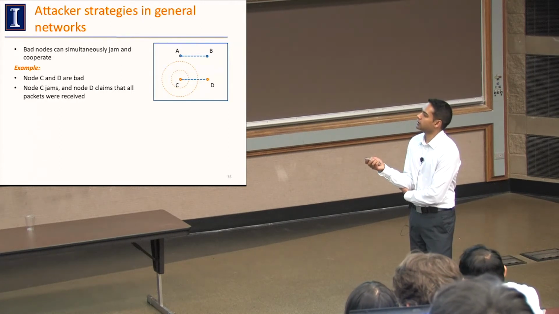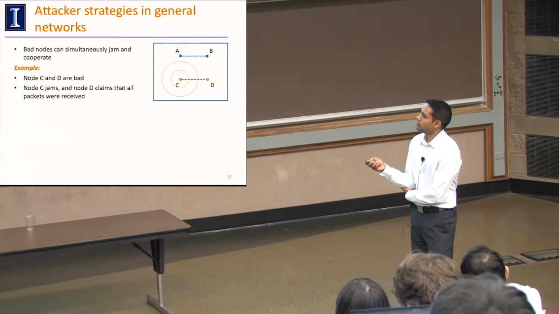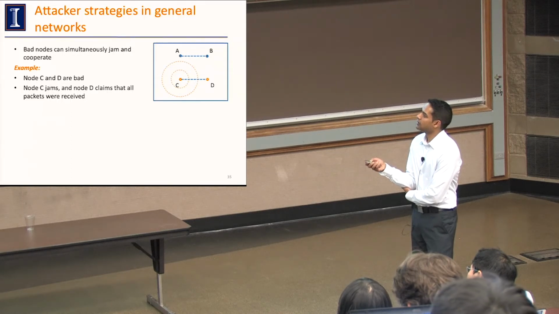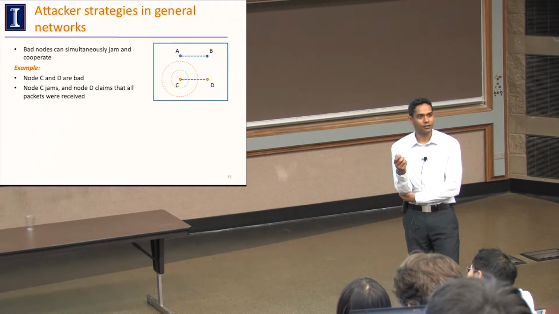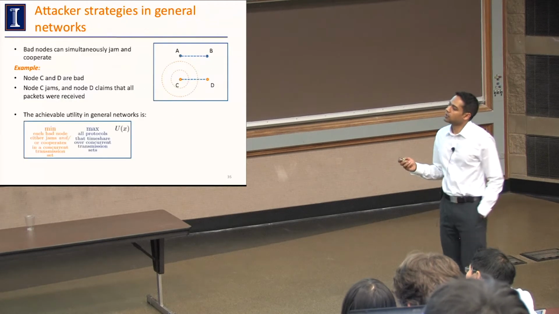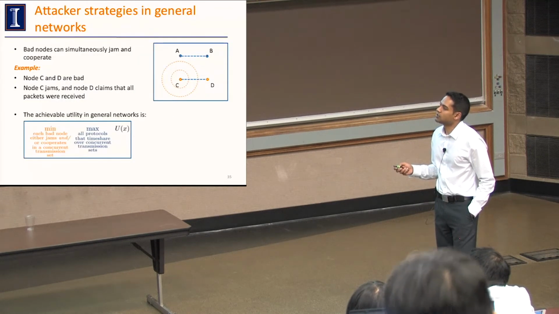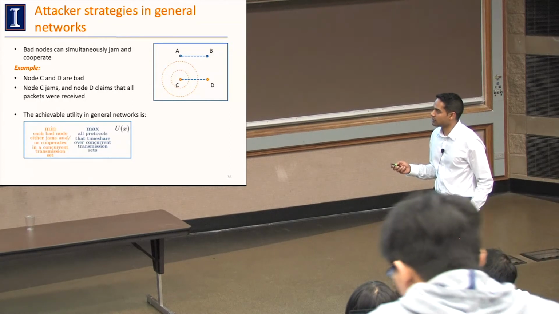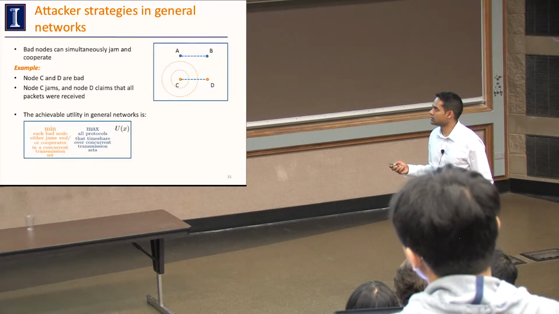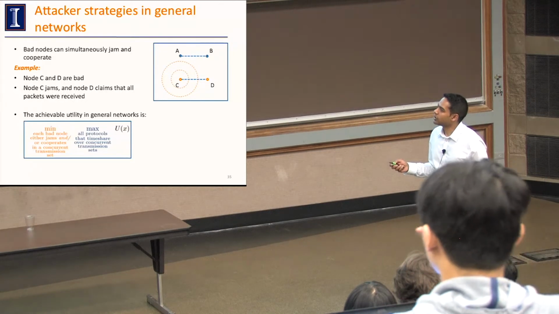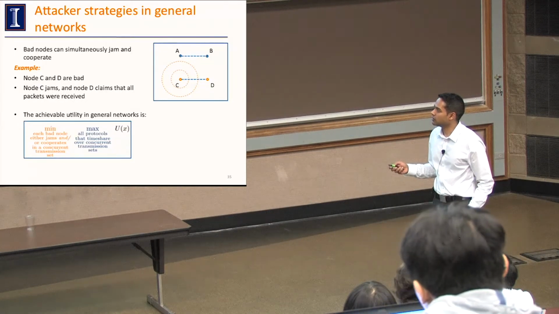Here we have a simple 4-node network where A, B, and C are good and D is bad. Nodes A and C don't have a direct connection. So if node A wants to estimate perhaps node C's clock or some information about node C, it has to rely on the information provided by either node B or node D.